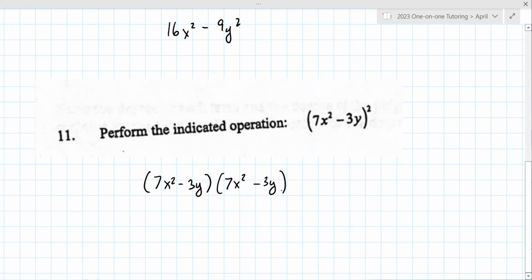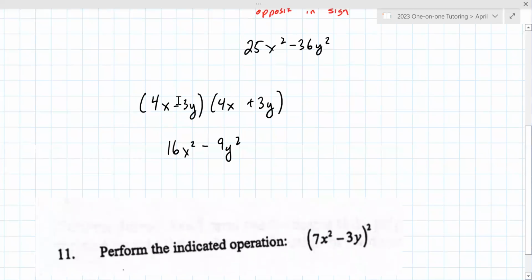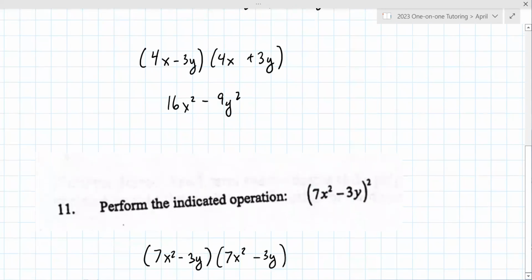Okay, so now it looks a lot like the previous problem, but these are the same sign this time, minus and minus. Do you see that? Just to warn you that there's not going to be a cancellation like there was here. When they were opposite in sign, there's a cancellation. All right, so we still FOIL.